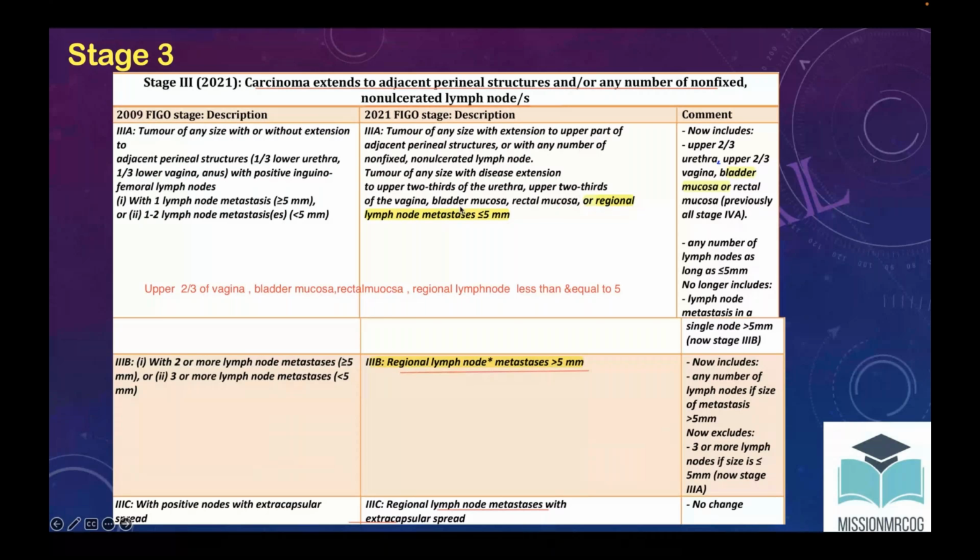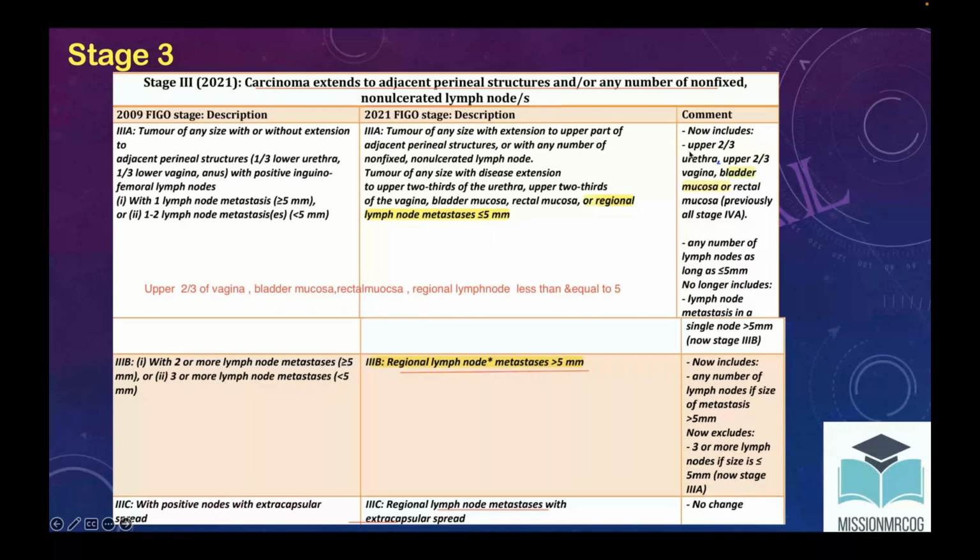Here it is invasion less than or equal to 5 mm. Okay, so here it is changed. Previously, upper two-third involvement of UVA, that is urethra, bladder, and vagina, was stage 4A.